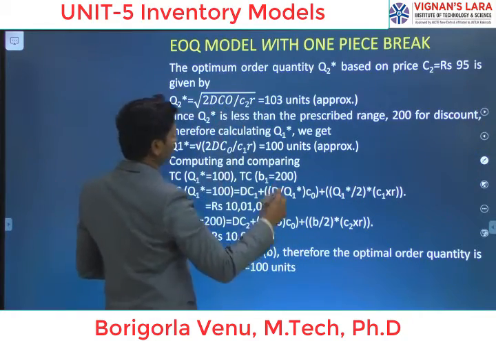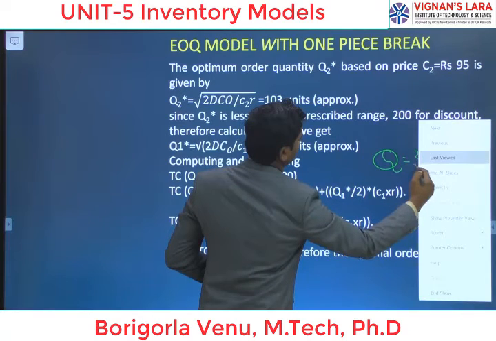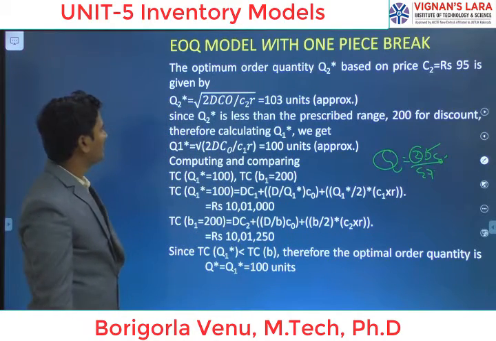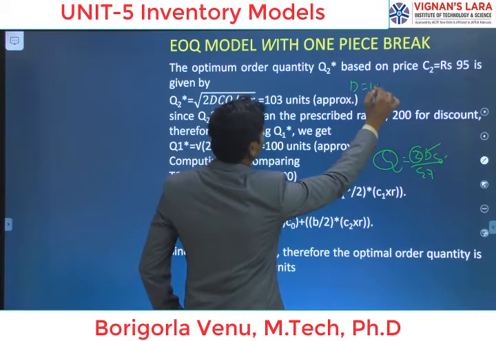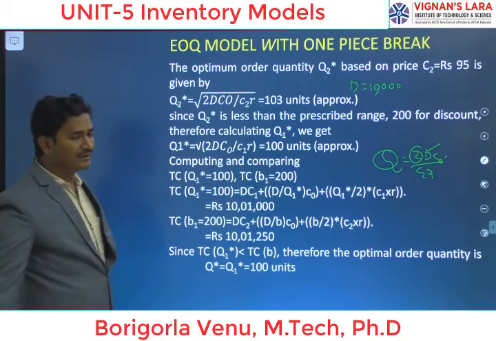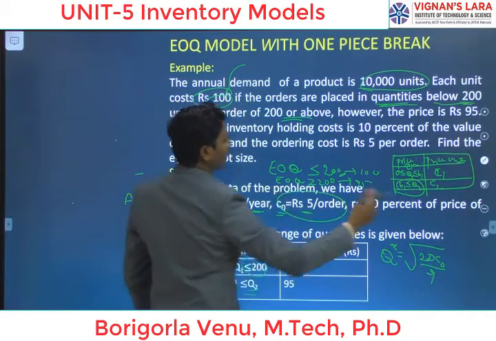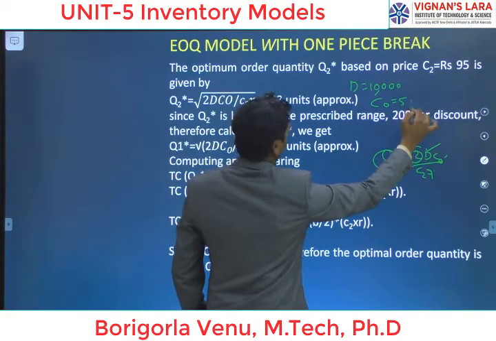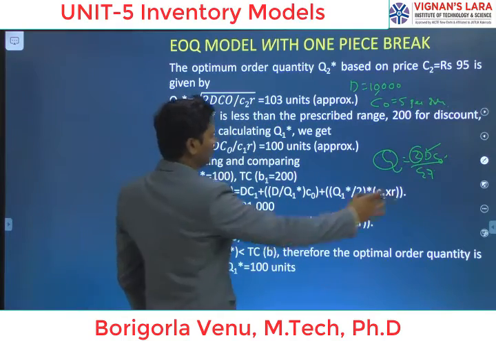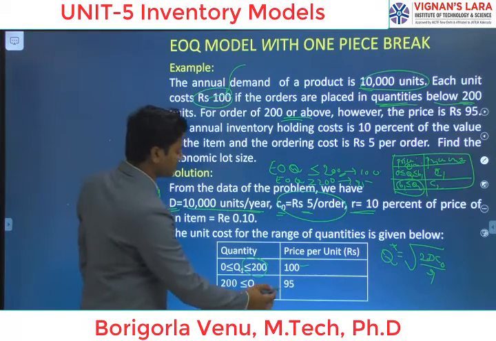Here Q is equal to square root of 2D C0 by C2 R. Here we know the D value, that is the annual demand, which as per our problem is 10,000. Next, the C0 value is 5 per order. And the C2 value, from our table: first we are calculating for the lowest price.